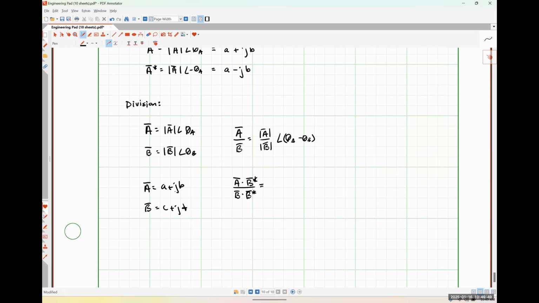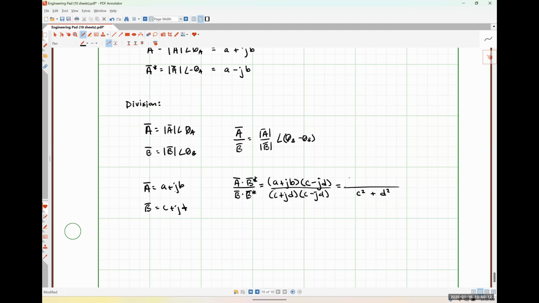That winds up looking like (a plus jb) times (c minus jd) all over (c plus jd) times (c minus jd). So this comes out to be a denominator of c squared plus d squared.